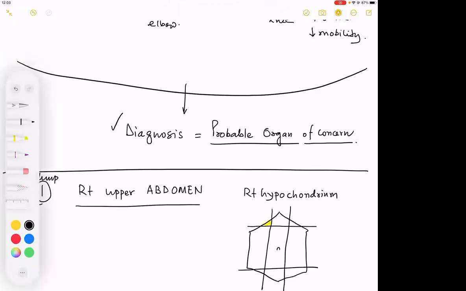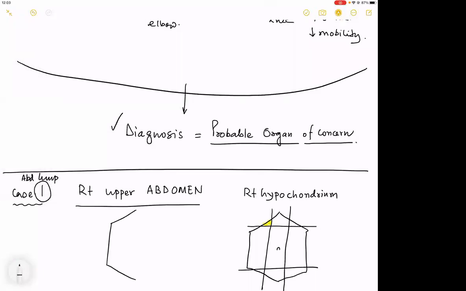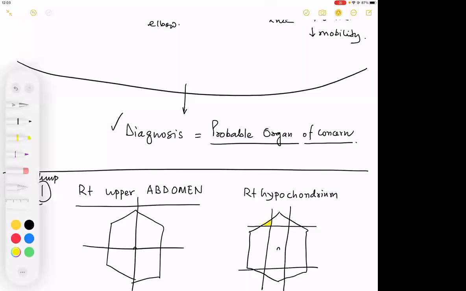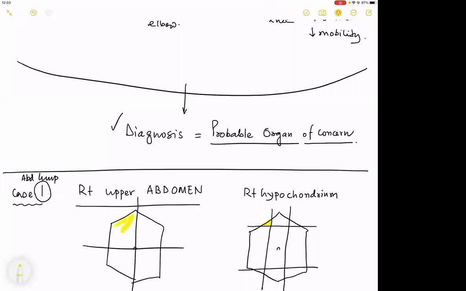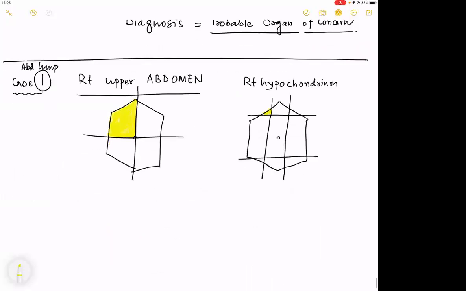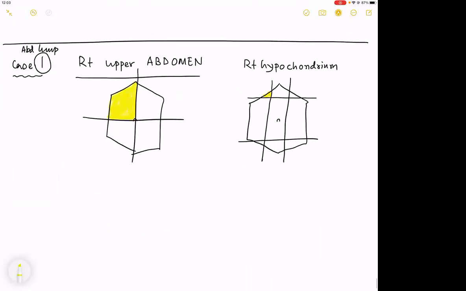Whereas if I talk about the right upper part of the abdomen, I hope you will appreciate that this is a much bigger area. If you have read Macleod's Clinical Medicine, medicine people are gradually changing this. Sadly, surgeons are not. In an MBBS exam, both mean the same, so please don't get unnecessarily confused.